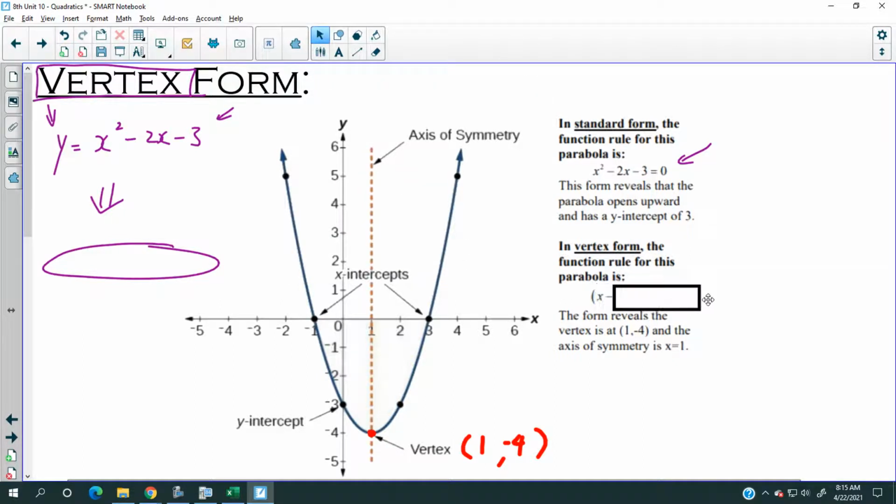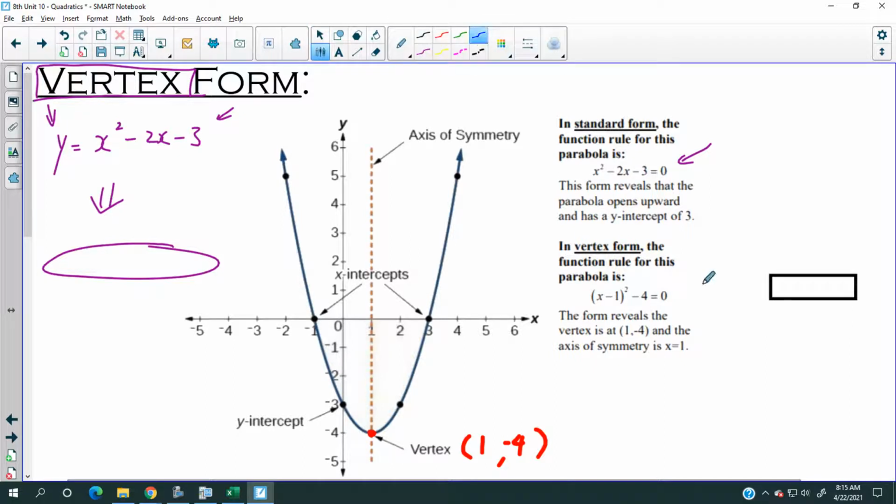The vertex form of this particular graph is this equation right here. It says, in parentheses, (x minus 1) squared minus 4 equals 0. I want you to examine this formula very carefully.